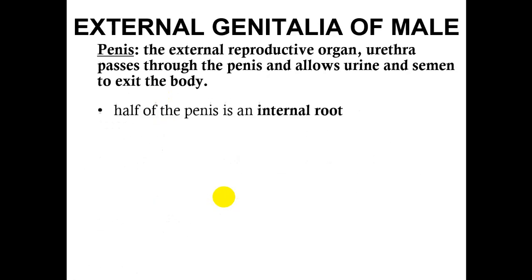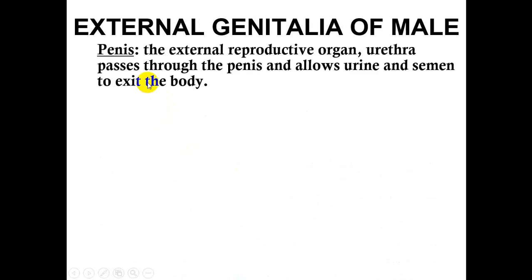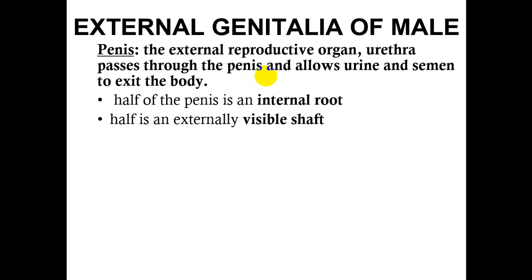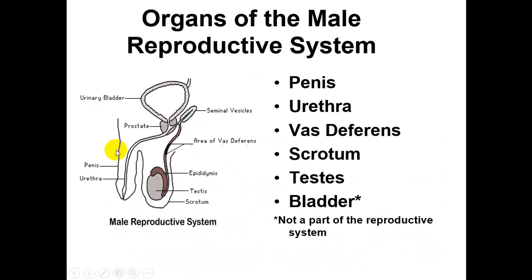So, for the external genitalia, the penis is the external reproductive organ. The urethra passes through the penis and allows urine and semen to exit the body. Over here we can see the urethra, which passes through the penis, and this is the penis, which allows urine and semen or sperm to pass through.